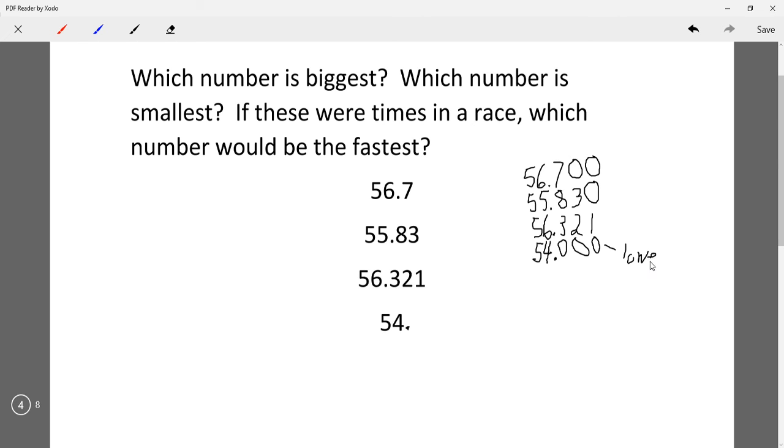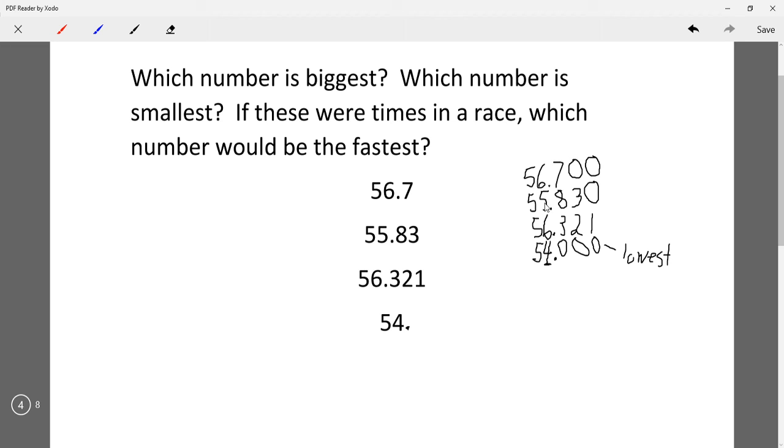And this would actually win the race, right? Because it would be the fastest time because it's the lowest number. We know it's the lowest because it has the lowest number in the ones place value, okay? And we go from the left to the right and compare numbers in each place value.